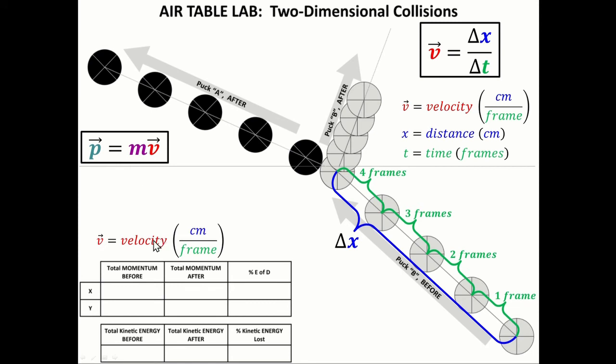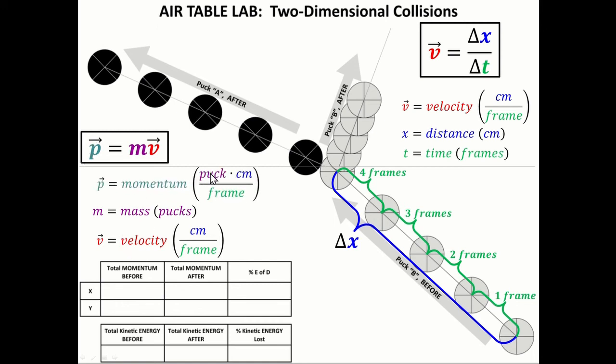Okay, so over here, we're going to measure the velocity in centimeters per frame. And again, we could measure the mass of the puck in grams, convert it to kilograms, but we're just going to say this puck has a mass of, we're going to make up a new unit called pucks, and it's just one puck.